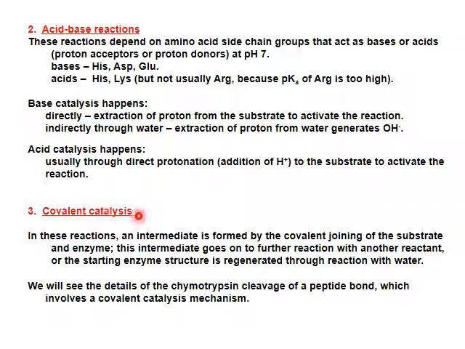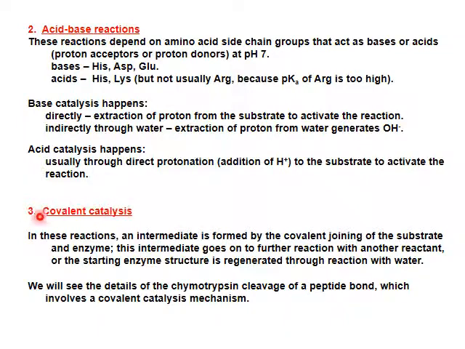Covalent catalysis is another one in which the enzyme itself is covalently linked to the substrate, or some part of the substrate, in a manner that the enzyme now has a new form. It's like an acylated form. It's a modified form, and it has to be removed, usually through hydrolysis by water coming in to knock off that group to recreate the free form of the enzyme that can go through another round of catalysis.